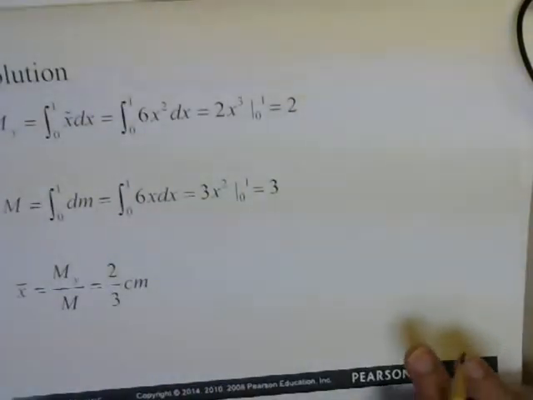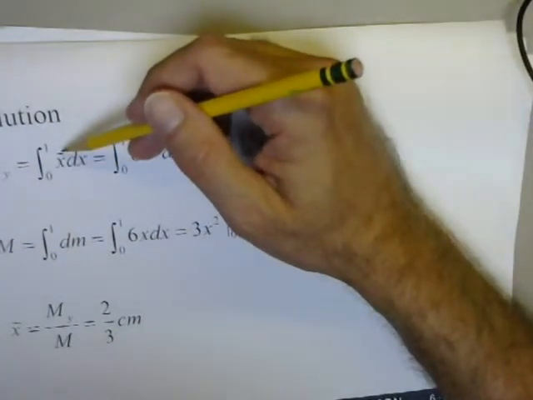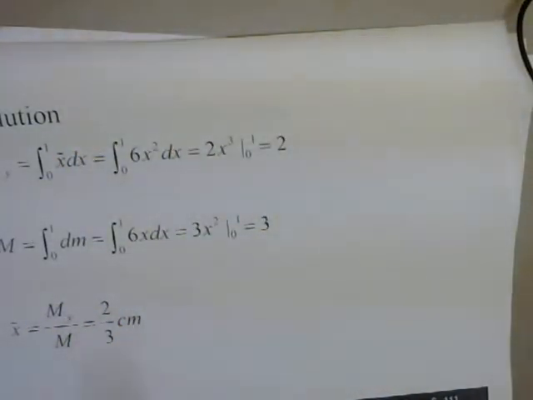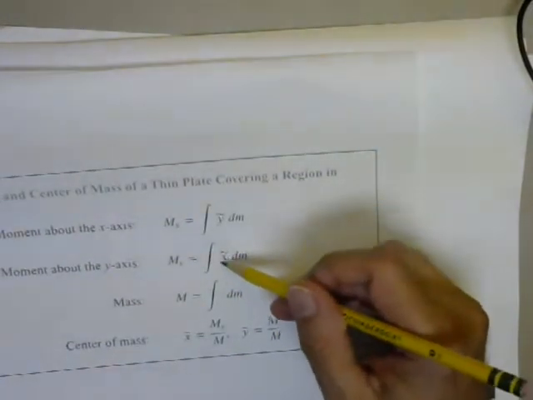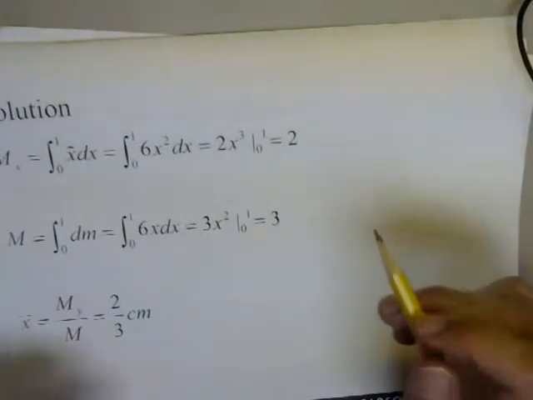So we need x tilde times dx, right? Remember, that's the formula for that, and this is the center of mass in the x direction of the strip.